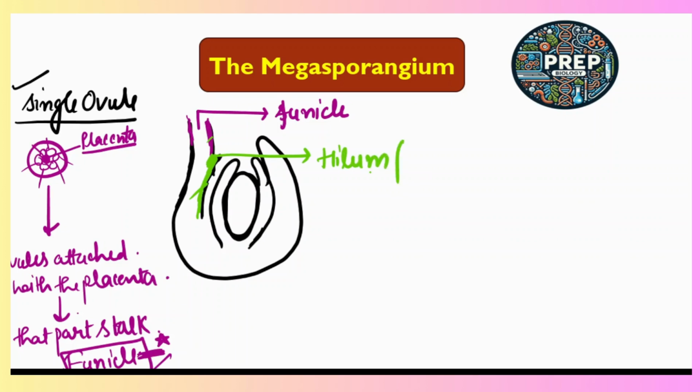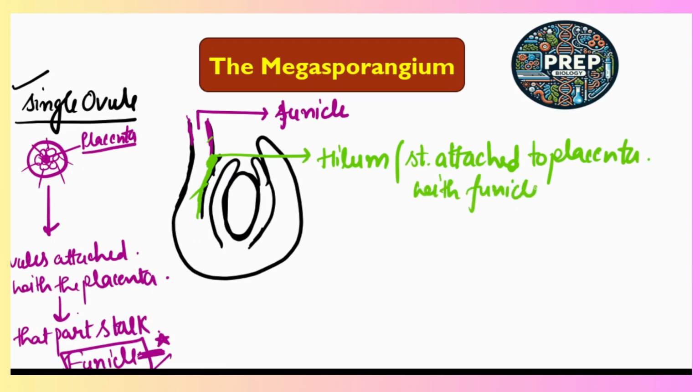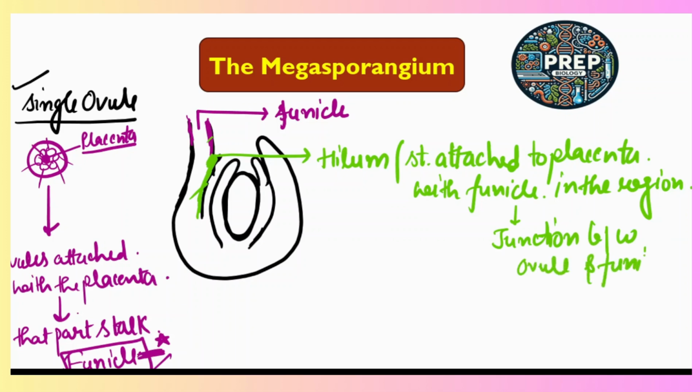The hilum is the region where the placenta's funicle joins the ovule. So, in short, what is hilum? It is the junction between the ovule and funicle.